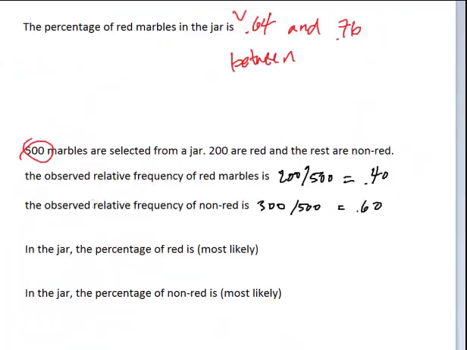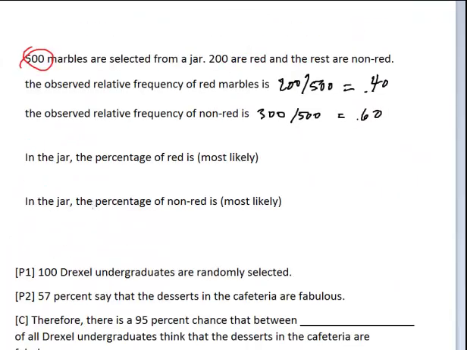So again, we come down here and use that interval along with the information that we have about the observed relative frequencies. So in the jar, the percentage of red marbles is most likely between 0.36 and 0.44.